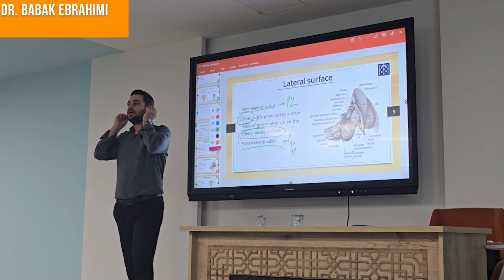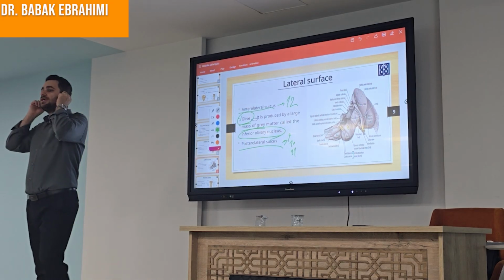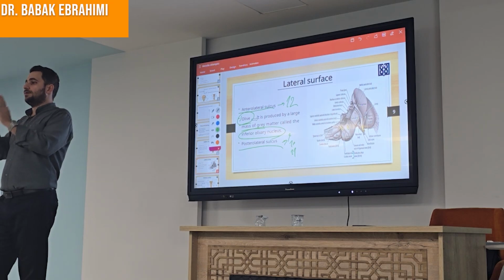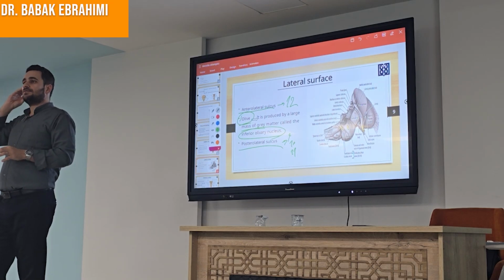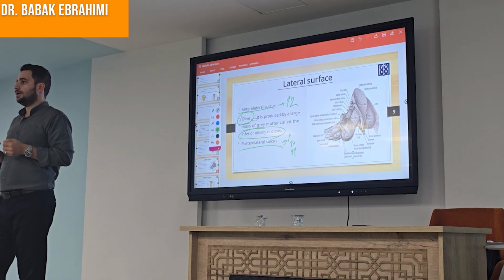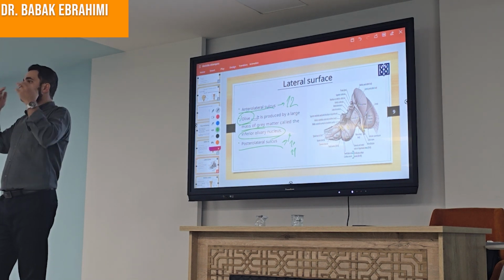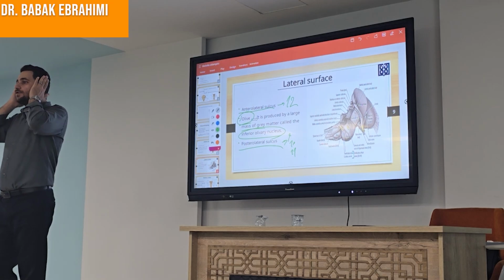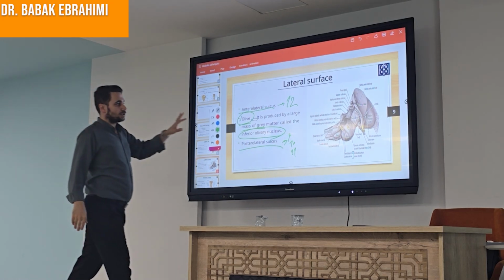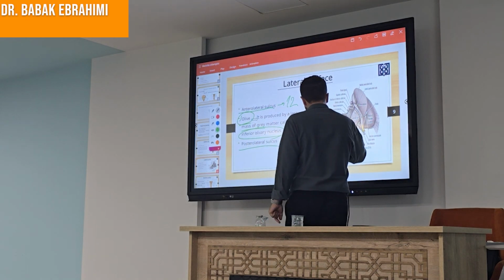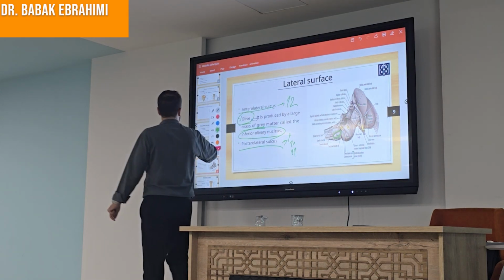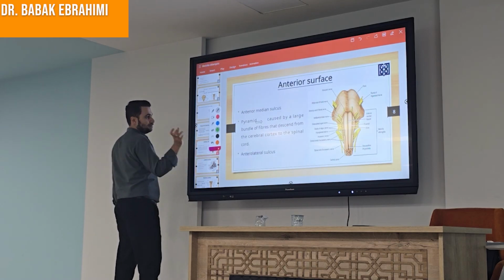For example, the girls have earrings. Because of this earring, when I'm looking at you, I see that the scarf has a little eminence. If another person doesn't have any earrings, this is smooth. So, in the lateral part, we have the olive here. You can also see the olive in the anterior view, but a little.